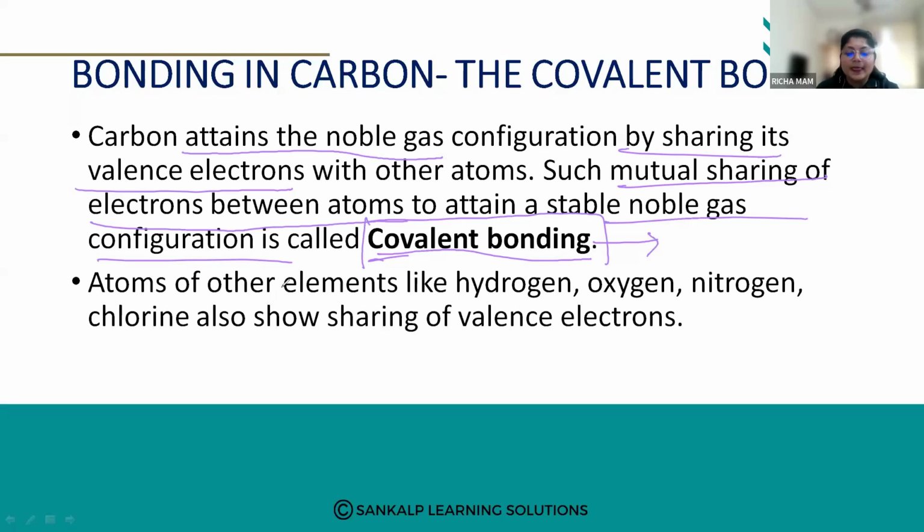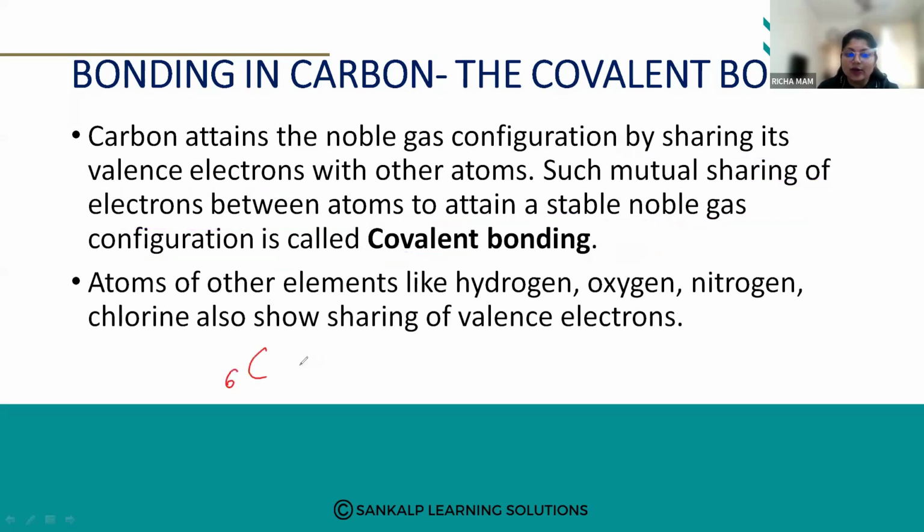Okay, fine. So this was about the bonding. Now carbon, as we have discussed, has atomic number 6, so 1s2, 2s2, and 2p2. So there are 4 valence electrons in its valence shell.